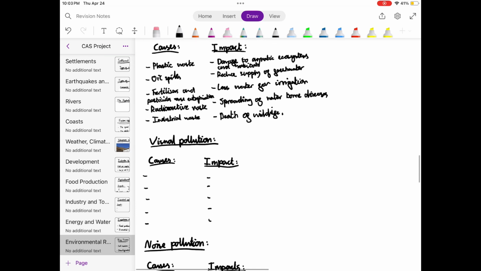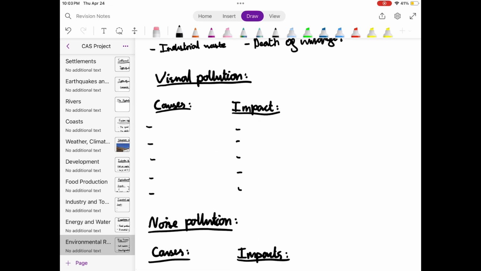Okay, so now I'm going to be looking at visual pollution. So the causes of this are concrete buildings because they do not look aesthetically pleasing in some areas. Waste dumped on streets, and also neon signs can also cause visual pollution because people may not like how neon signs lit up on streets and the lack of nature embedded within urban areas.